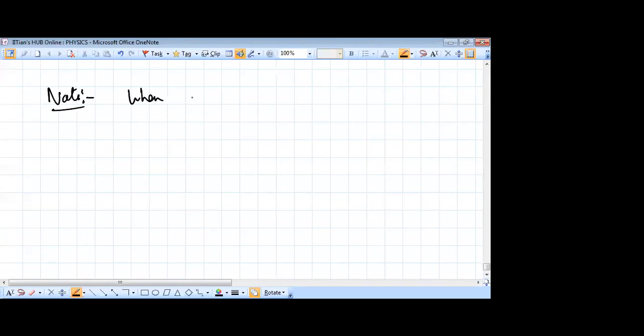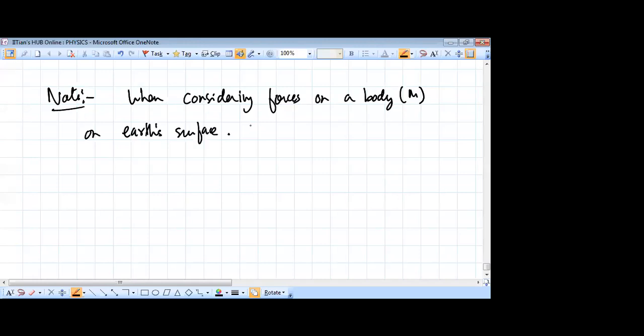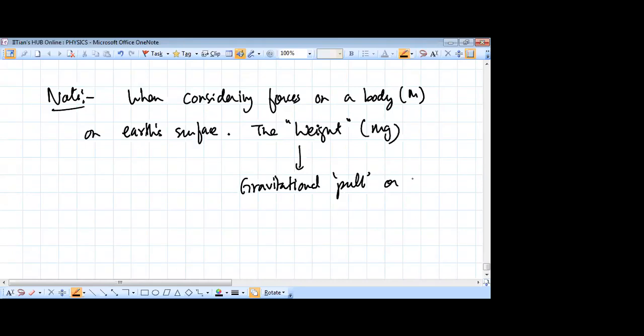So, when considering forces on a body of mass m on the Earth's surface, the weight of the body, which we write as mg, is nothing but the gravitational pull or attractive force on the body due to the Earth's mass.